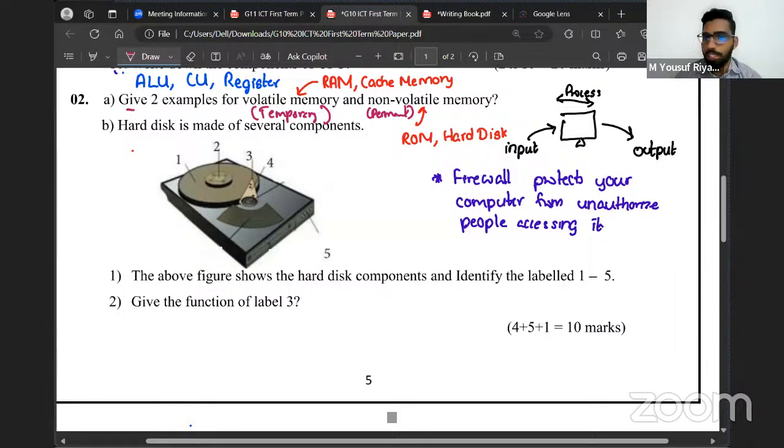ALU does not store values. In the CPU, what stores values is the memory register. Keep that in your mind. Everything that comes on secondary storage is non-volatile. Is cache memory volatile? Yes.